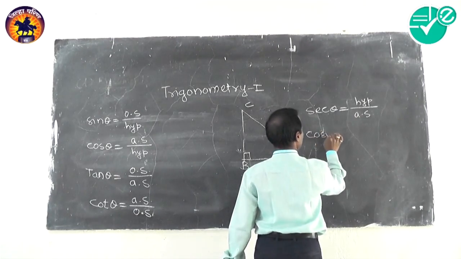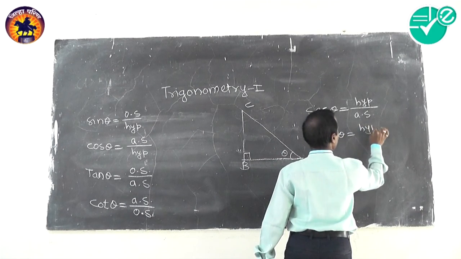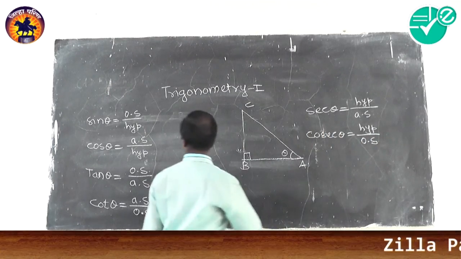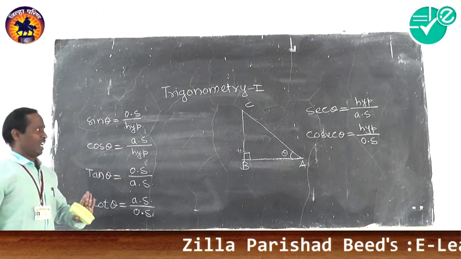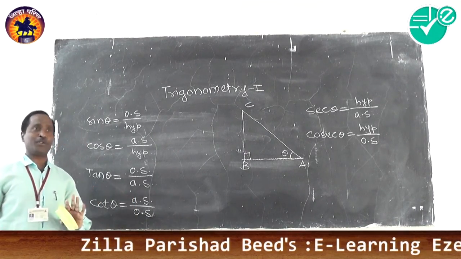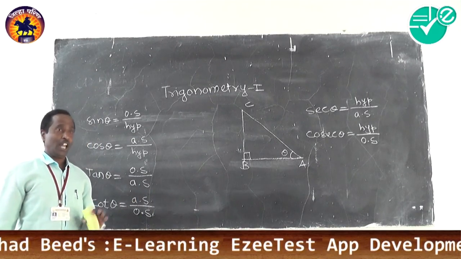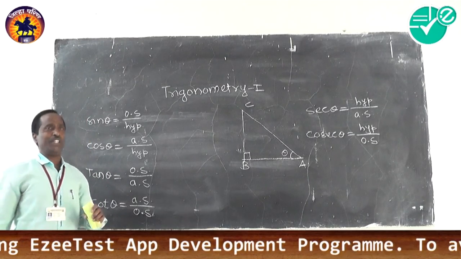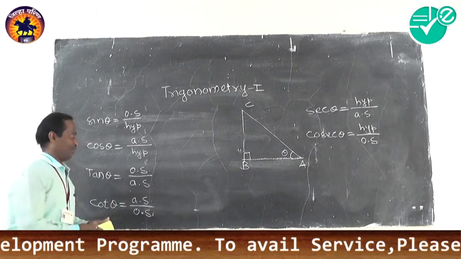Cosec theta is equal to hypotenuse upon opposite side. So we have studied the trigonometric ratios in 10th class by using the right angled triangle. Now we are going to explain the concept of trigonometry by using the standard angle or standard circle.